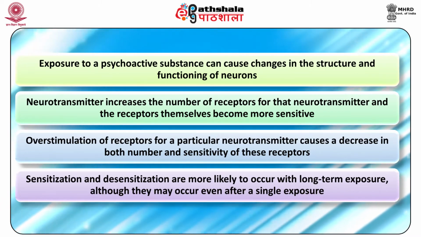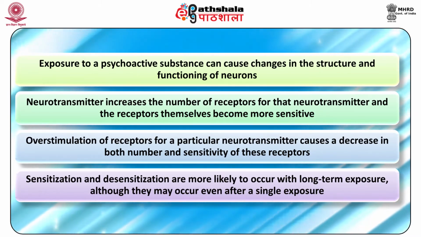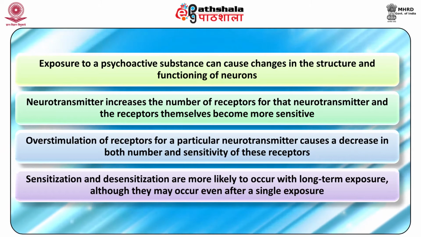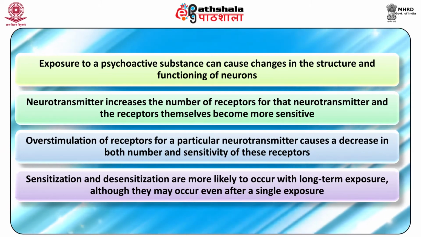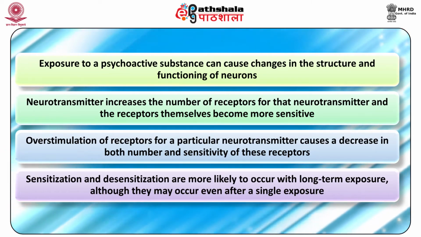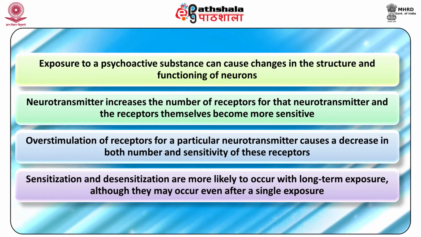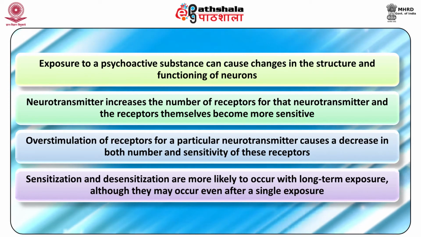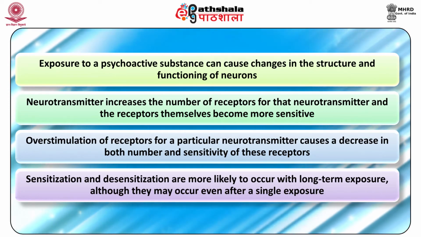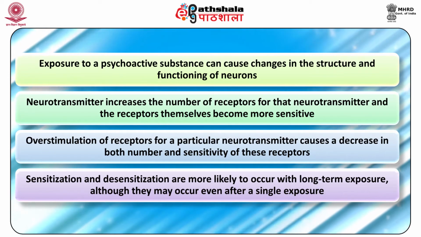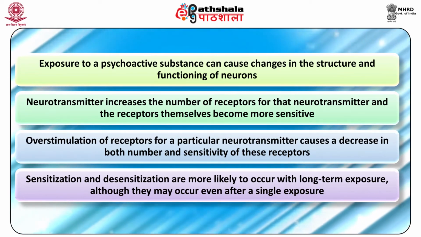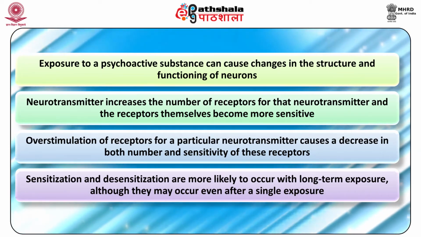Exposure to antagonists for a particular neurotransmitter increases the number of receptors for that neurotransmitter, and the receptors themselves become more sensitive, and this is called sensitization. Conversely, overstimulation of receptors for a particular neurotransmitter causes a decrease in both the number as well as the sensitivity of these receptors, and this process is called desensitization or tolerance.